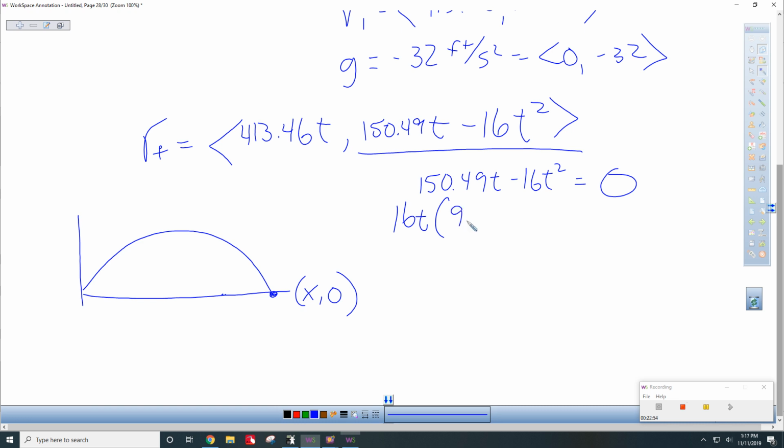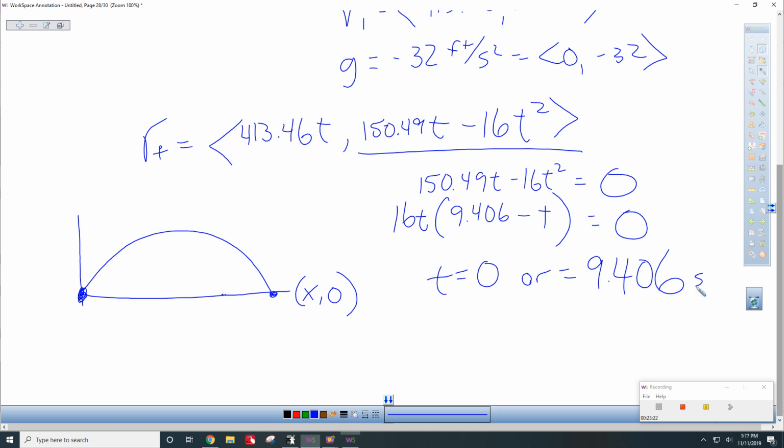So 9.406 minus 1 t equals 0. So t must equal 0. Okay, that makes sense. Here, the height is 0 after no time, or it's 9.406 seconds. Oh, that makes sense.